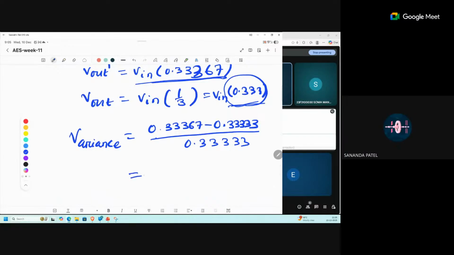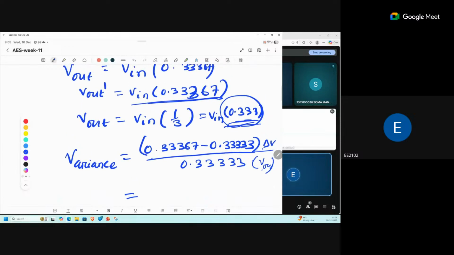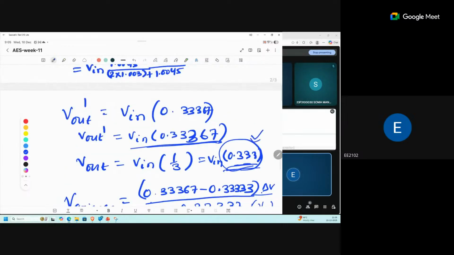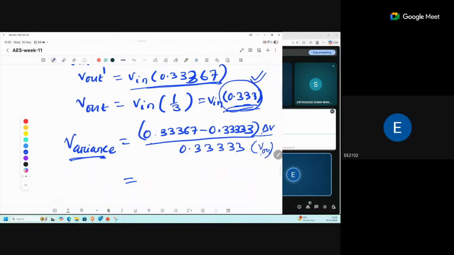Yes, ma'am. This is what your friend was saying, del V, and this is your original V out value. But I don't want to write in this way because that will be confusion. You got this value due to tolerance, and that was your original value. Normally variance is your current value minus the original value divided by the original value.